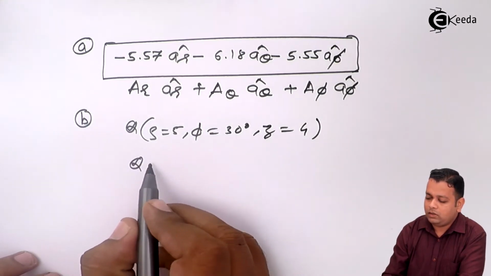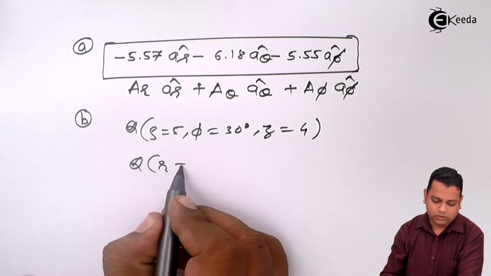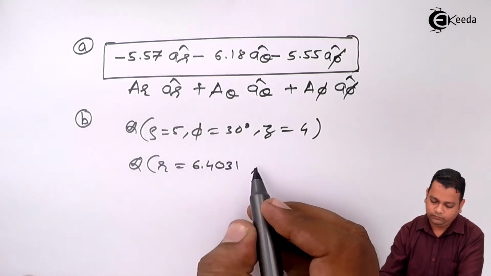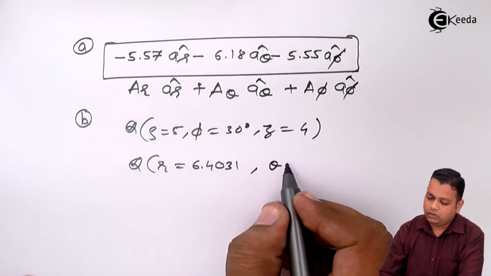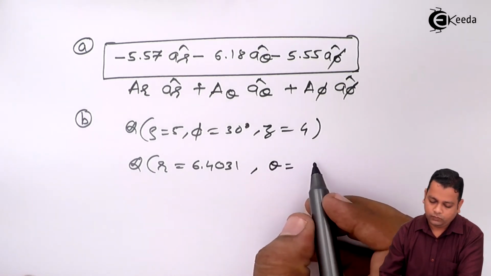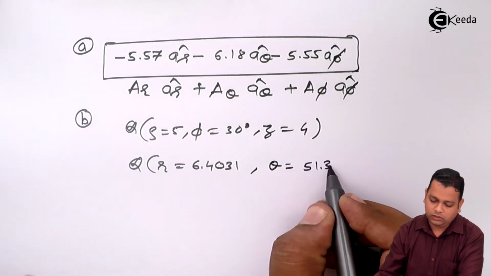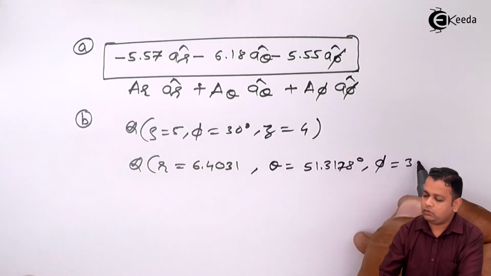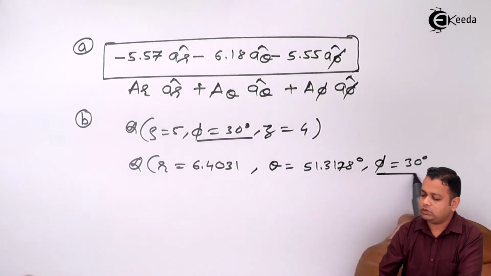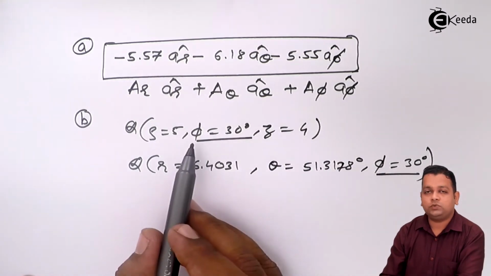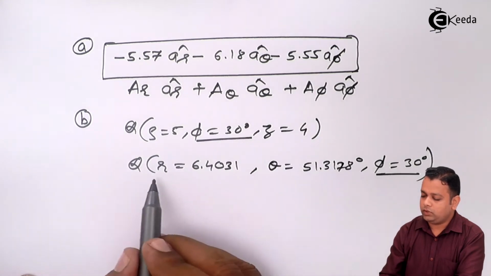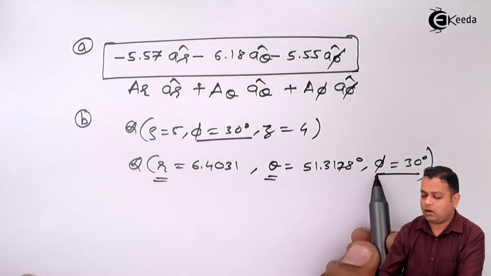So we get for Q: r is equal to 6.4031, theta is equal to 51.3178 degrees and phi is equal to 30 degrees, which is a common parameter while we switch from cylindrical coordinates to spherical coordinates. So we have the values of r, theta and phi.